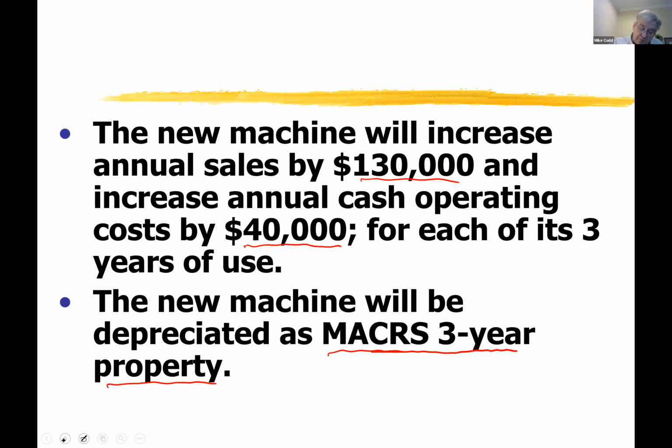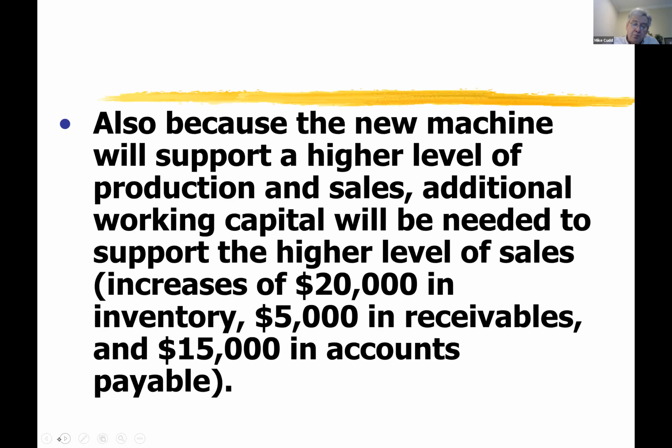Now, like I said, you won't keep track of all of this. I'm going to write it up in a second. Because the new machine will have us producing at a higher level, we've not only got to buy the equipment, we'll have a higher level of inventories we carry in stock, a higher level of receivables because we sell on credit to our customers, and a higher level of accounts payable because we'll buy more goods from our suppliers.